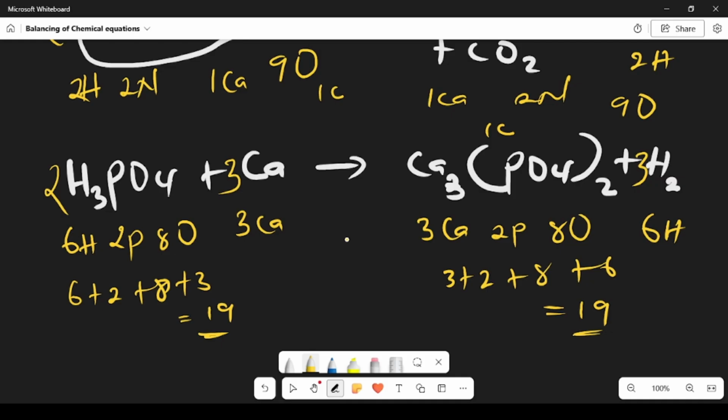Understood? And another thing that is very much good as a chemistry student to understand is the state of the compound or element. For example, calcium is solid, H3PO4 is aqueous, Ca3(PO4)2 is aqueous, and hydrogen gas is gaseous.